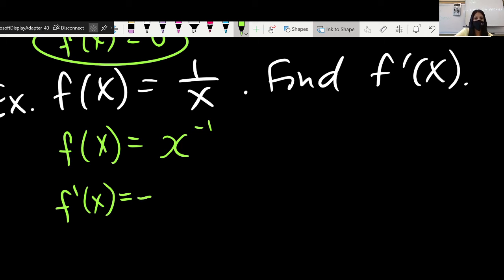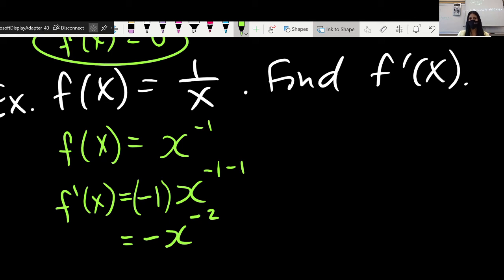So I'd have negative, I wouldn't normally write this, but I want to make sure you really clearly get what's happening. I would do minus 1 at the top, right? So I'm getting negative x to the negative 2.